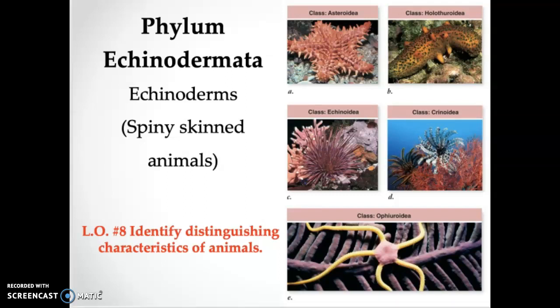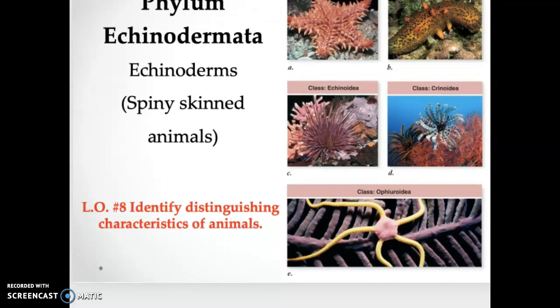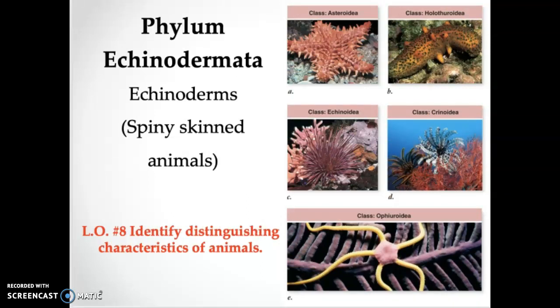The echinoderms, everybody is spiny skinned within this phylum. You pick them up, you play with them, you touch them, you poke them, you prod them. They have this rough spiny skin. Within Echinodermata, we're going to drop down to 5 classes: Asteroidea, Holothuroidea, Echinoidea, Crinoidea, and Ophiuroidea.